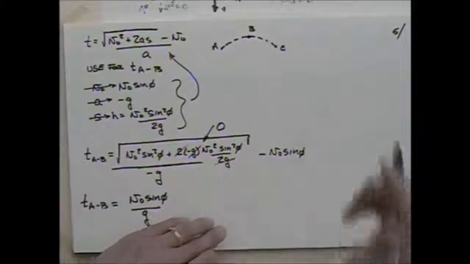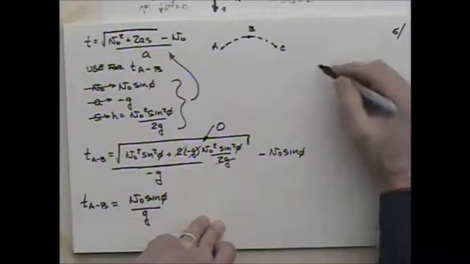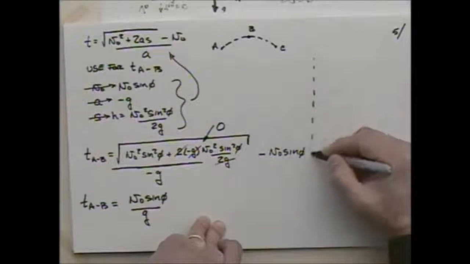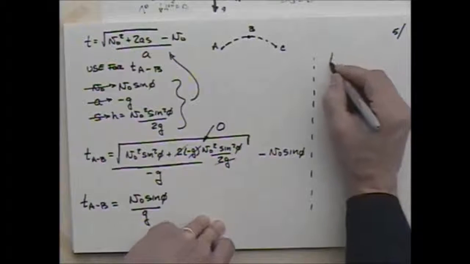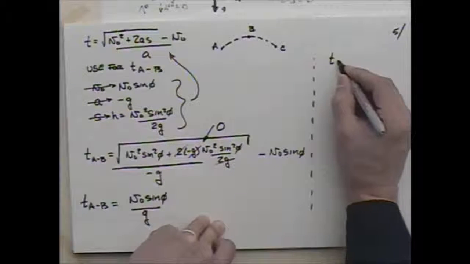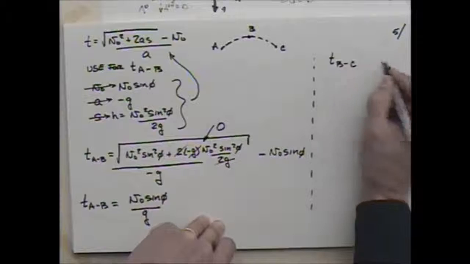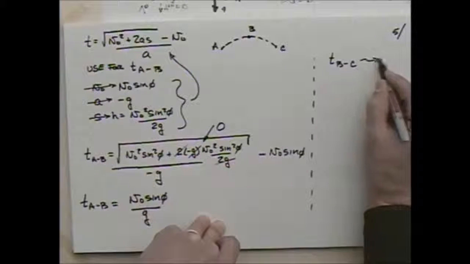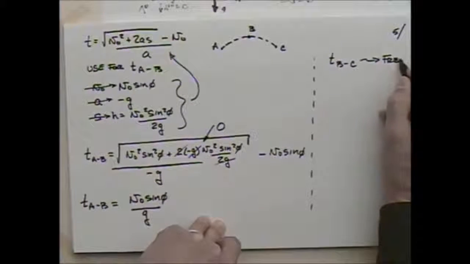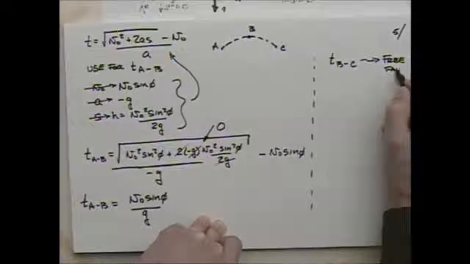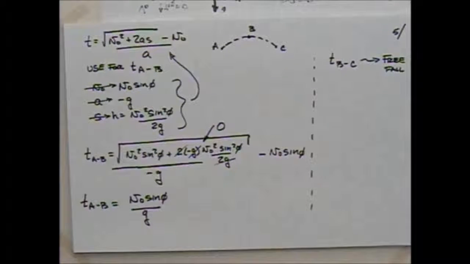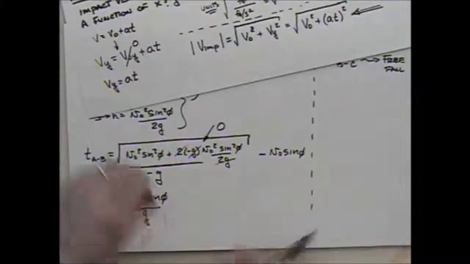So now, if I look at the time from B to C, what's that going to be? It's going to end up being the same thing, but to derive that, we could really think of it as free fall. What was our free fall expression from earlier in the day? We said it's equal to 2y over g.